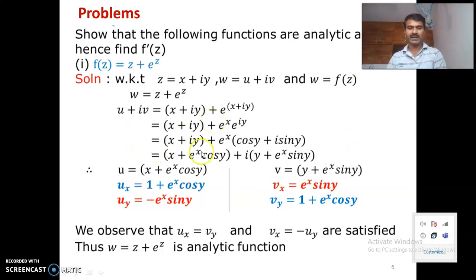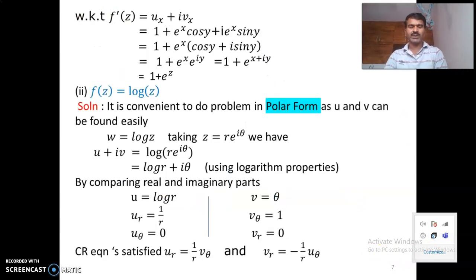Taking the derivative of the given function, f dash of z equals u_x plus i v_x. Substitute the u_x and v_x you have got, and finally we get cos y plus i sin y, which is nothing but e power iy, and this gives e power x plus iy.